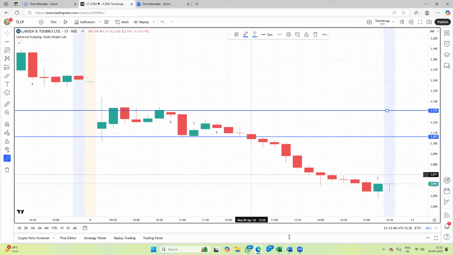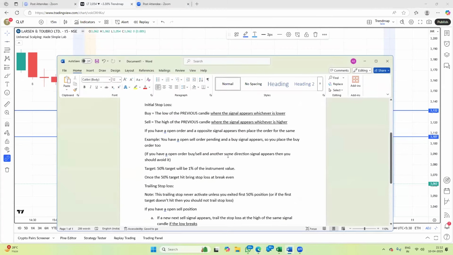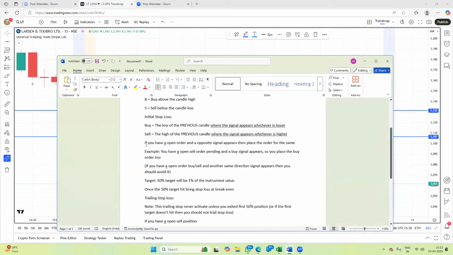Important. Right, you have a pending open position. If you have an open order and the opposite signal appears, then place the order for the same. But this is important. If you have an open buy or sell order and another same direction signal appears, then you should avoid it, right?